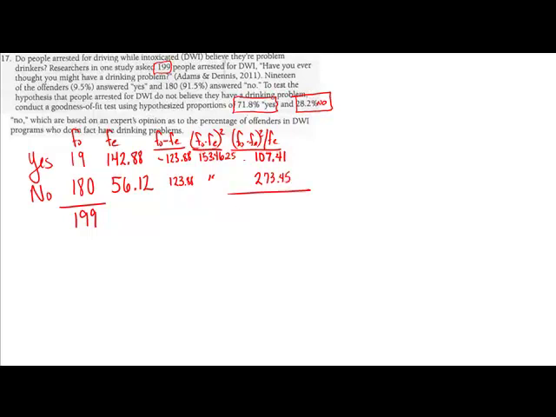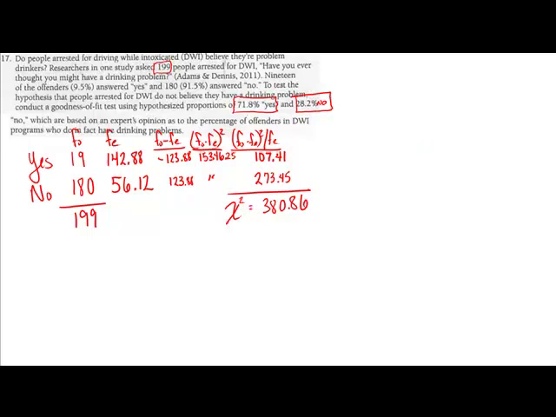Now to get the chi-square, we have to take the sum of these two cells: 107.41 plus 273.45. Our chi-squared is equal to 380.86.